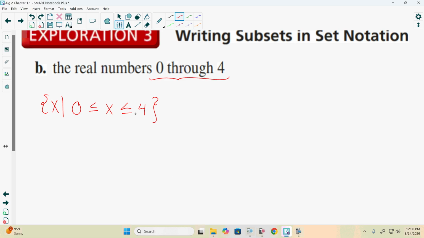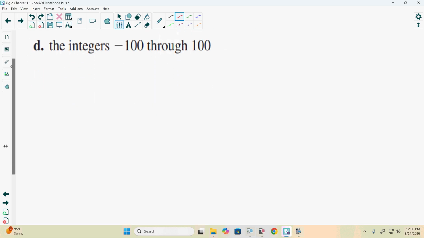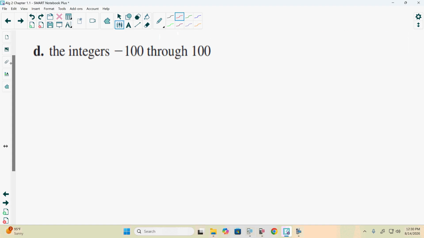Questions on this here? The integers negative 100 through 100. Realistically, we can do this either way.